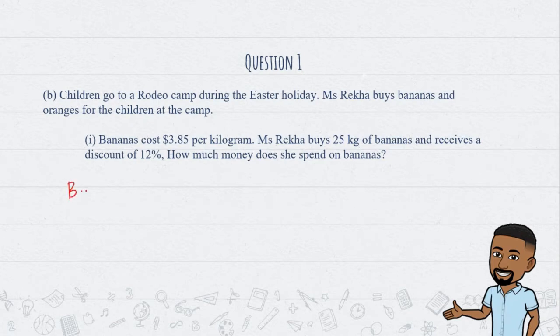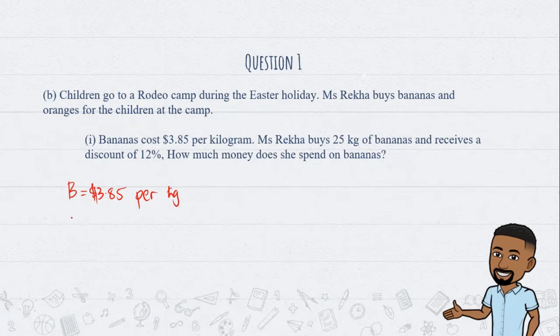So for this question, we're going to start by writing a given. Here it says the bananas, B for bananas, cost $3.85 per kilogram. And a part of the question says that Miss Rika buys 25 kilograms of bananas. So that's the other important part to note.